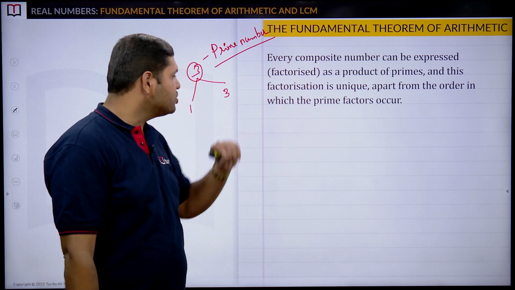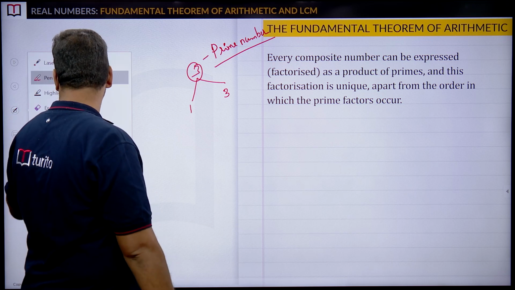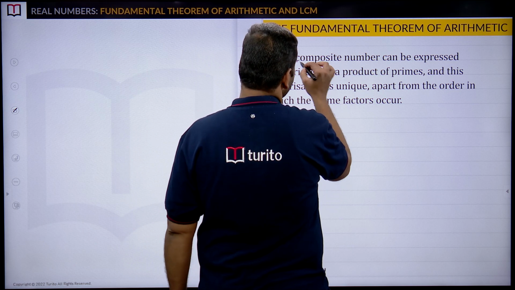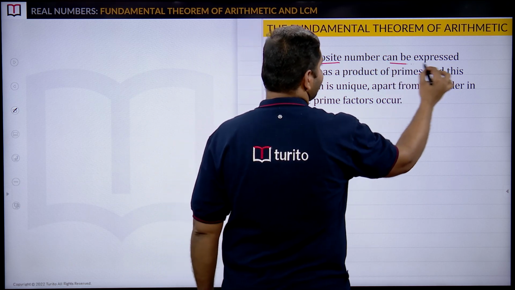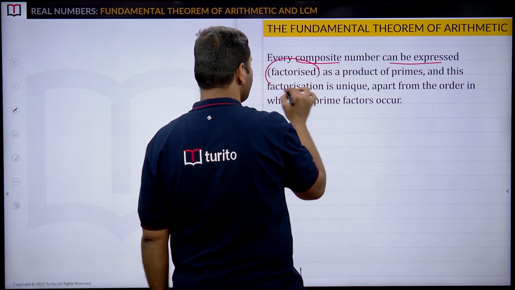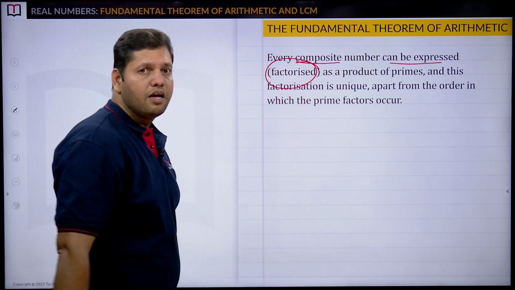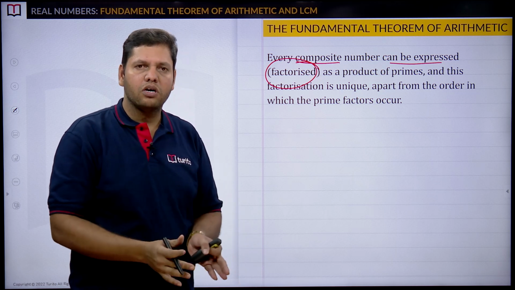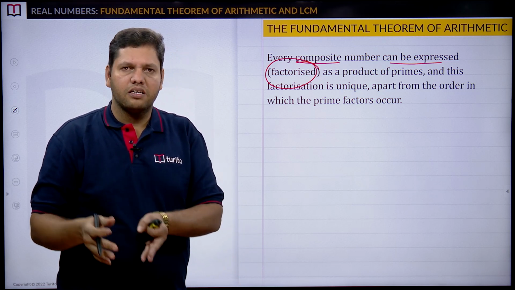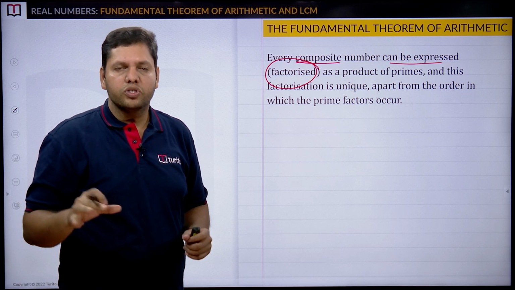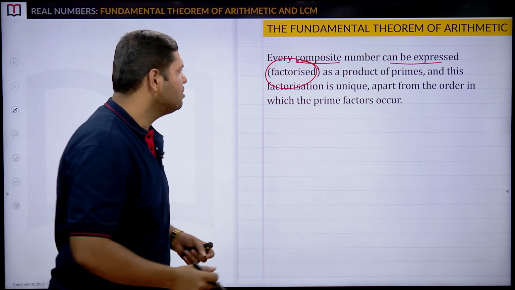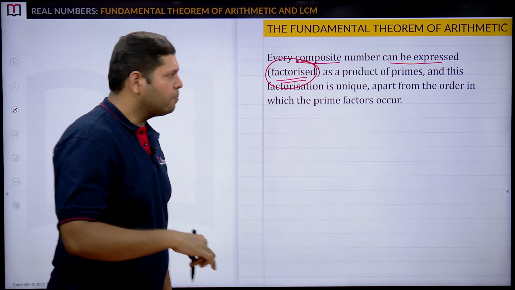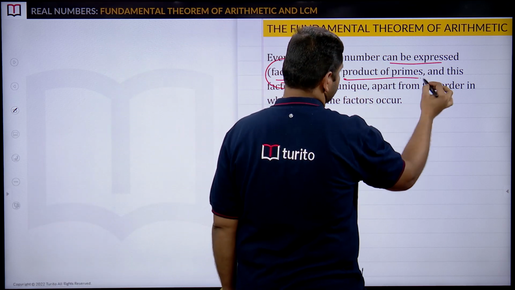Okay. Now what is actually our theorem, children? The fundamental theorem of arithmetic. What exactly it says is that every composite number can be expressed, here expressing is nothing but factorizing. What is the meaning of factorizing? We write the whole number as a product of its factors. That expression we call factorization, factorized as a product of its primes.